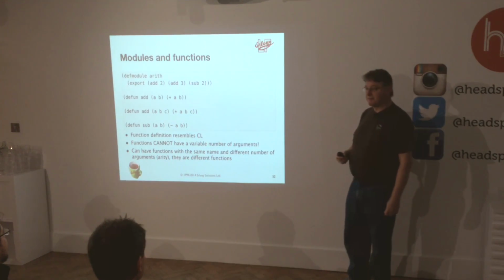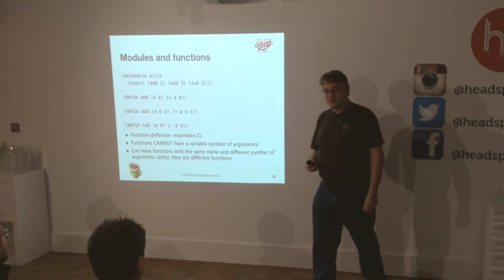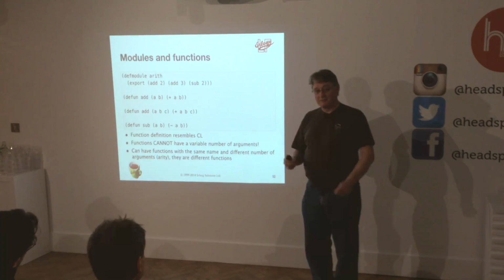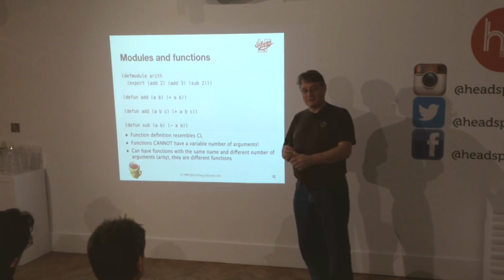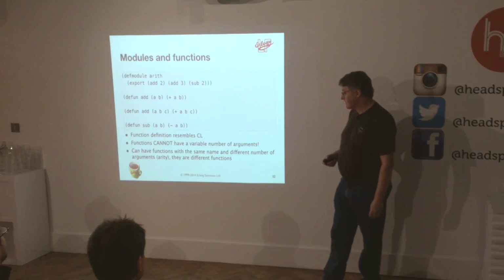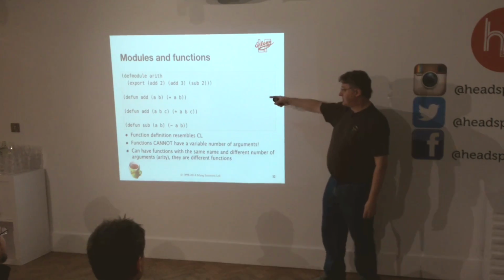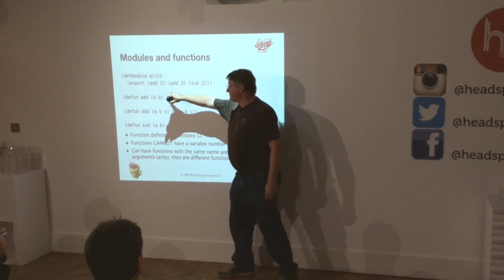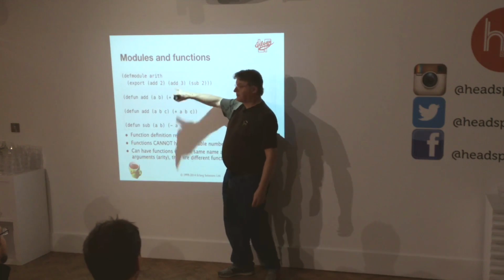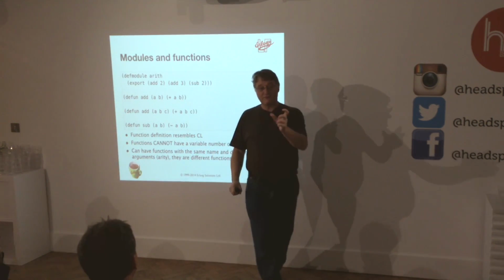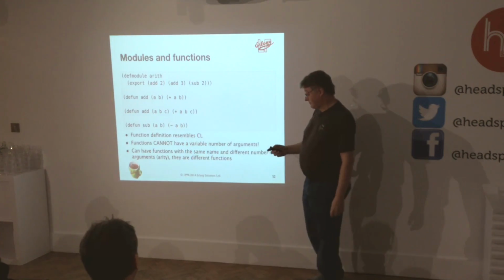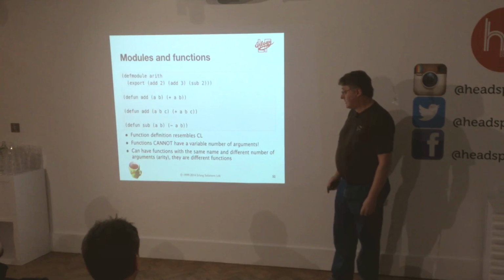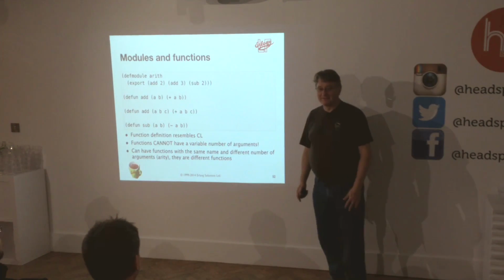For example, typically you have a start function of 1 argument, which calls a start function of 2 arguments with some default arguments. It's very common. But it's just a property of the system. That's why, for example, I'm exporting add of 2 arguments and add of 3 arguments, because they're 2 separate functions. And that's not going to change. It's too baked in.